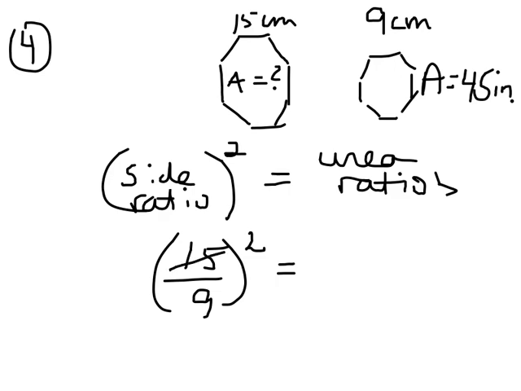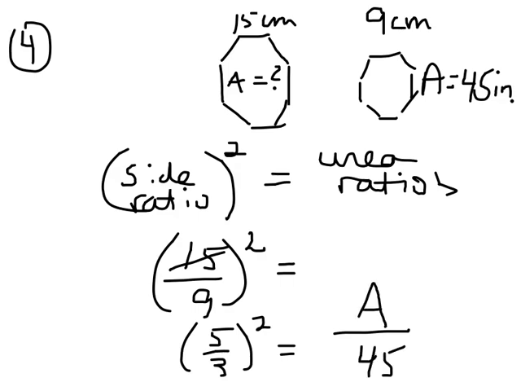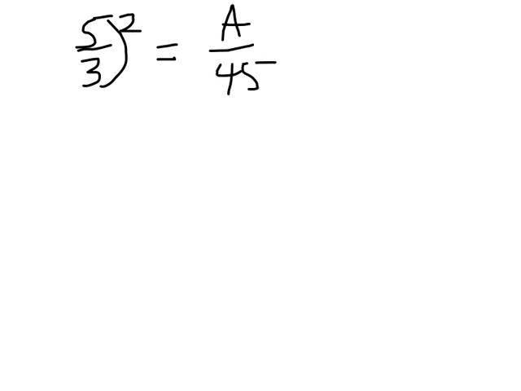Let's see, that would be 5/3. So 5/3 squared is equal to the ratio of the areas. We don't know the first one, so let's call it A. The second one is 45. If you square 5/3, that's 25 over 9, right?